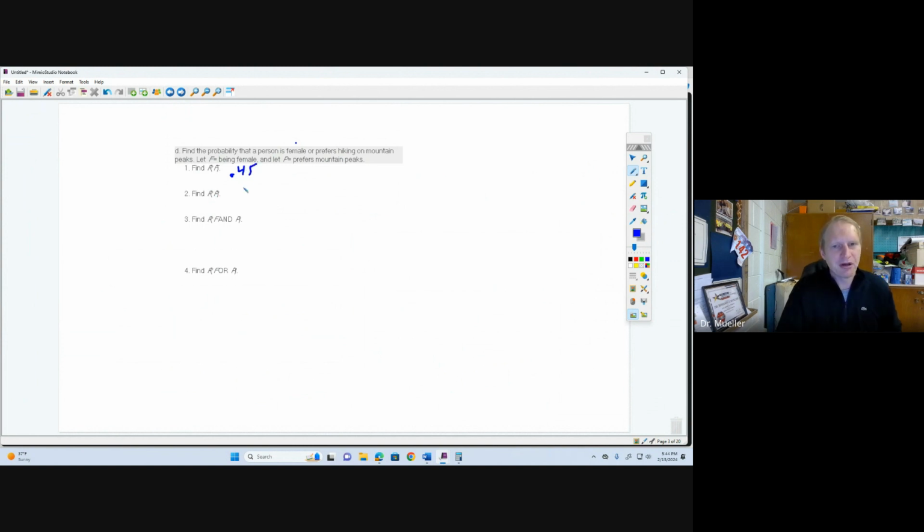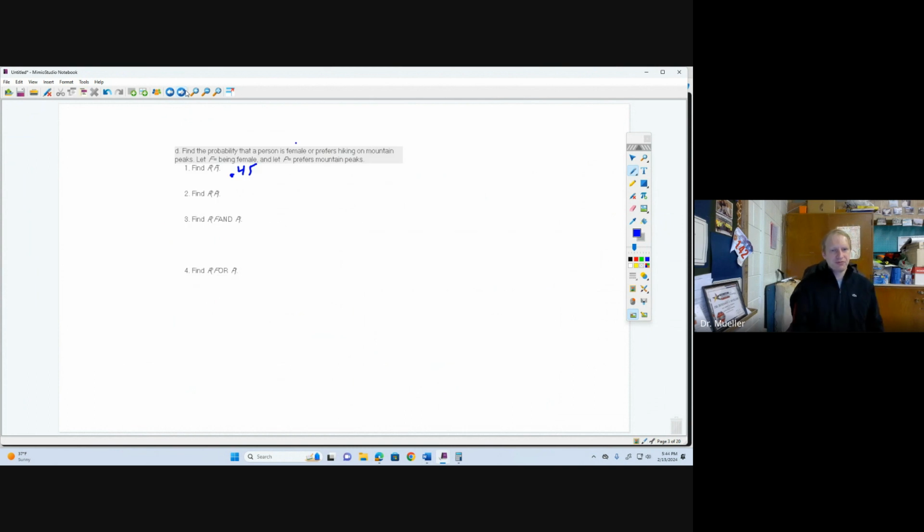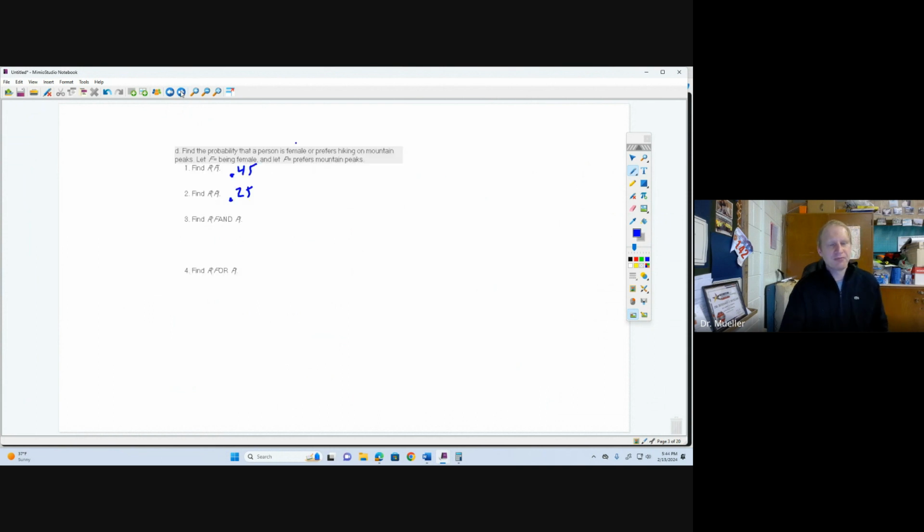Then find the probability that they prefer mountains, which is 25 out of 100 or 0.25. Then find the probability that they're female and prefer mountains, which would be 11 out of 100 or 0.11.